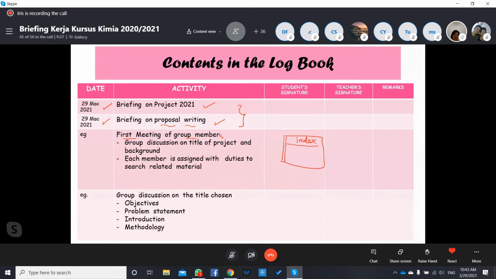The following meeting will be a more detailed discussion after you go and search, maybe after a few days. Your meeting may be online now, because you know how to make use of online meetings or a WhatsApp group. Then you discuss your objective, problem statement and so on. These are the things that you can write in the index or the content of your logbook.